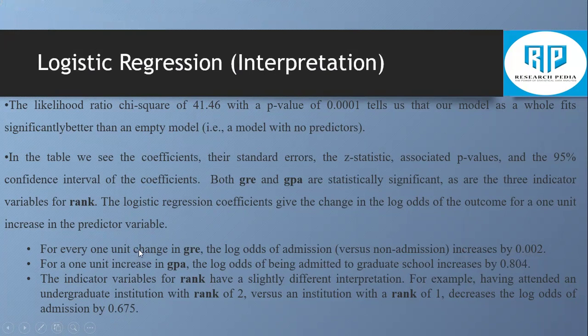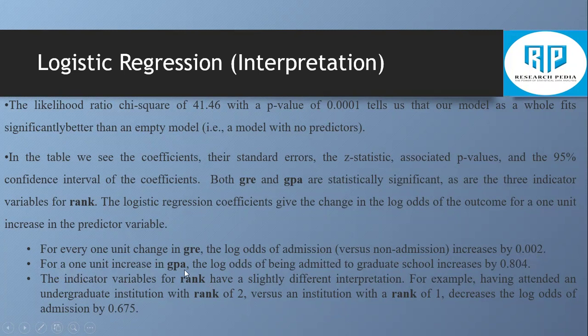For every 1 unit change in GRE, the log odds of admission, because admission was the dependent variable, so we need to say the log odds of admission versus non-admission increase by 0.002.